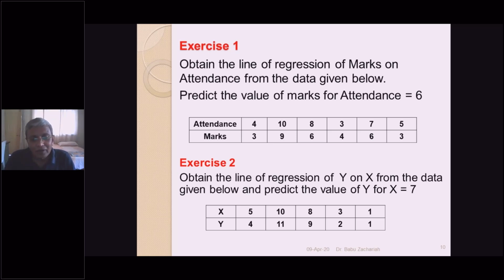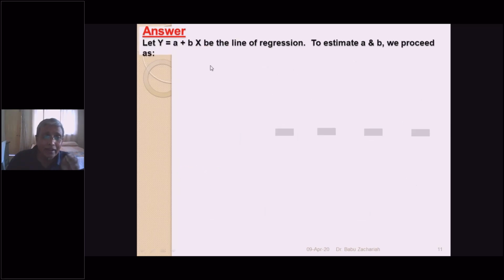Obtain the line of regression of y on x from the data given below and predict the value of y for x equal to 7. So here the x values are 5, 10, 8, 3, and 1. Similarly, y is also given. So I will move to the next slide to show the answer. While writing the answer, you should write like this.